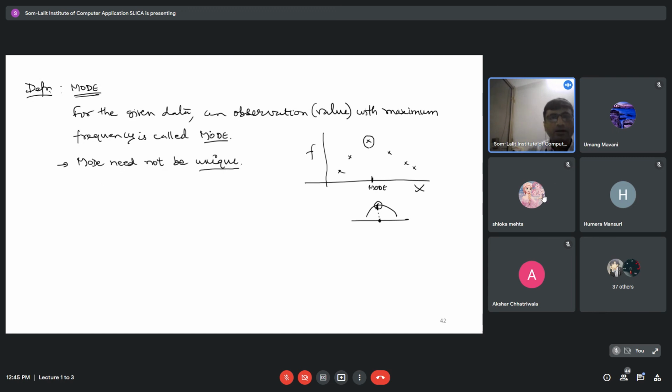How will you define the mode for the given set of observations? You find the one observation with maximum occurrences, one observation that occurs frequently. That's known as the mode of the given data. If you have only one observation with the highest frequency, then that's a single mode, but we may have two different observations with the highest frequency.